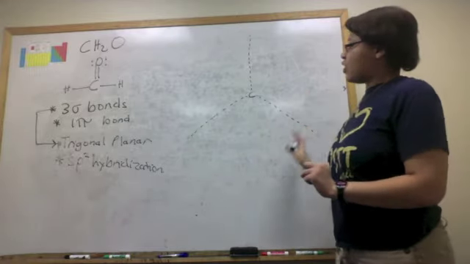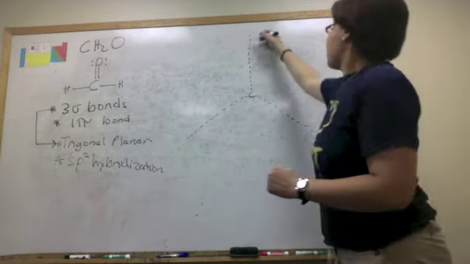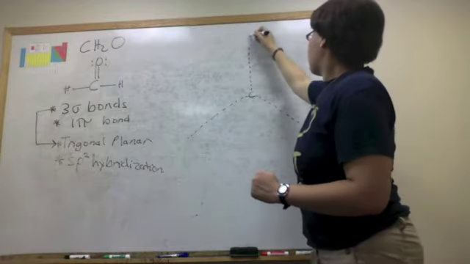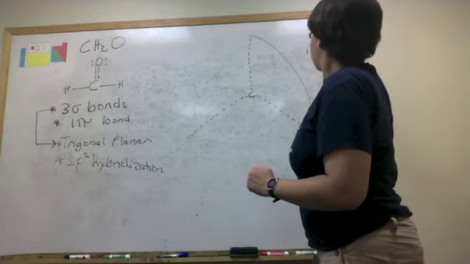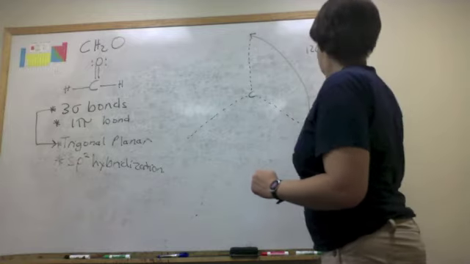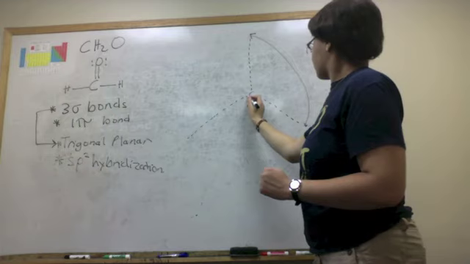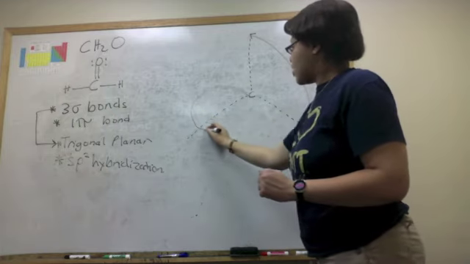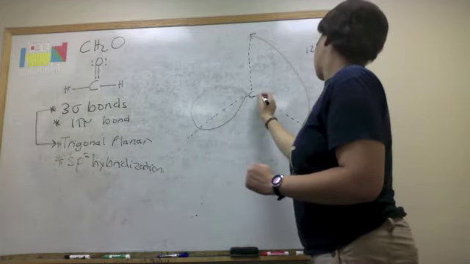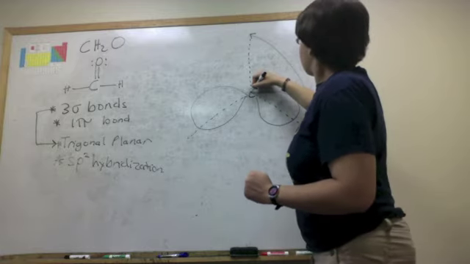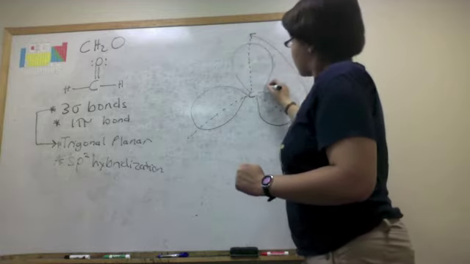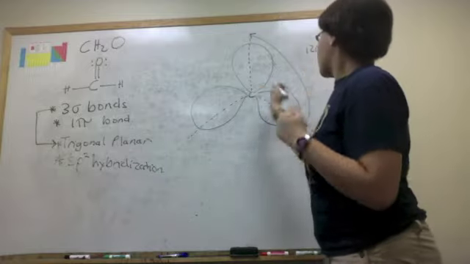Notice the trigonal planar geometry. The angles between the orbitals will be 120 degrees. We will now draw our 3 sp2 hybrid orbitals, and label them.